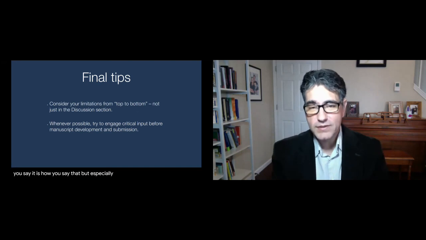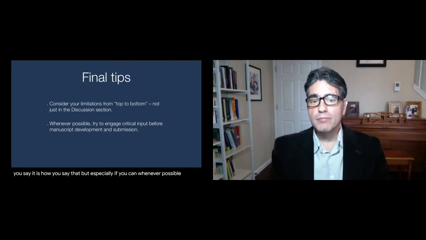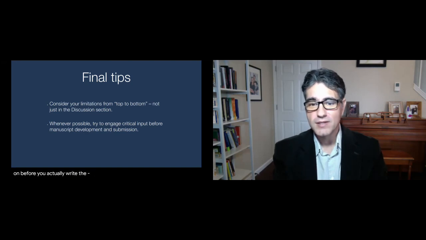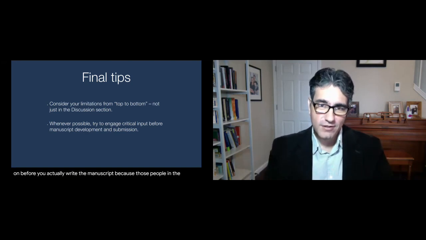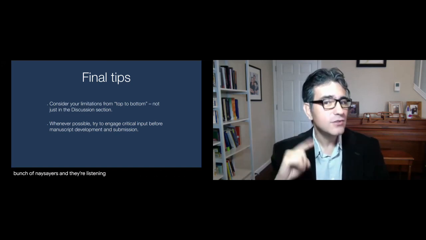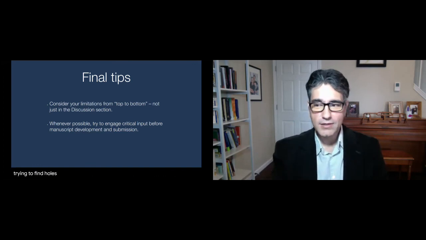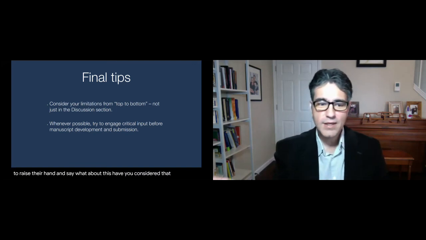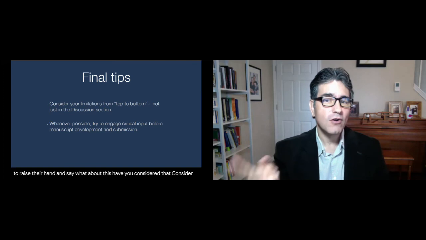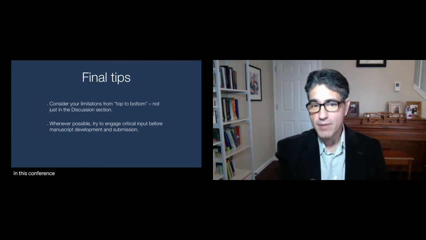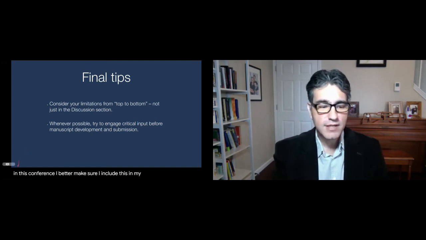But especially if you can, whenever possible, present your research at scientific events, at conferences and seminars before you actually write the manuscript, because those people in the audience, the participants, are kind of like a bunch of naysayers, and they're listening to you present your research, and they're trying to find holes. And sure enough, someone is going to raise their hand and say, what about this? Have you considered that? And maybe you haven't considered that, or even if you have, maybe you thought, if they're asking about this here at this conference, I better make sure I include this in my manuscript.